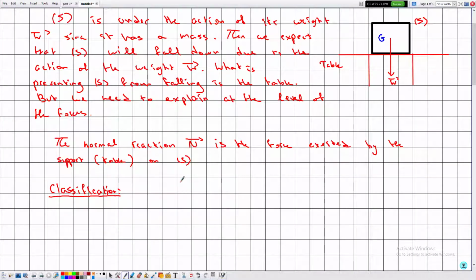Recall that the only three forces that act at a distance are the weight, the electric, and the magnetic. All other forces are classified as contact forces, in particular the normal reaction N. So N is classified as a contact force.